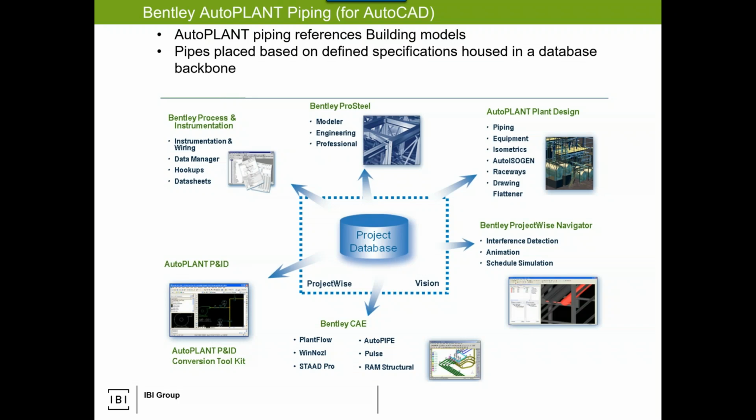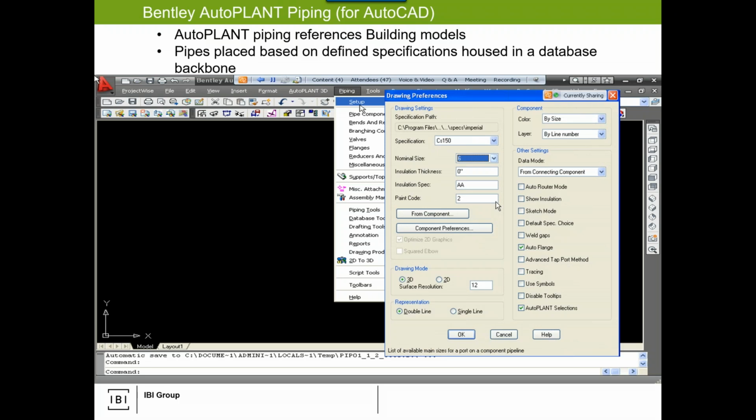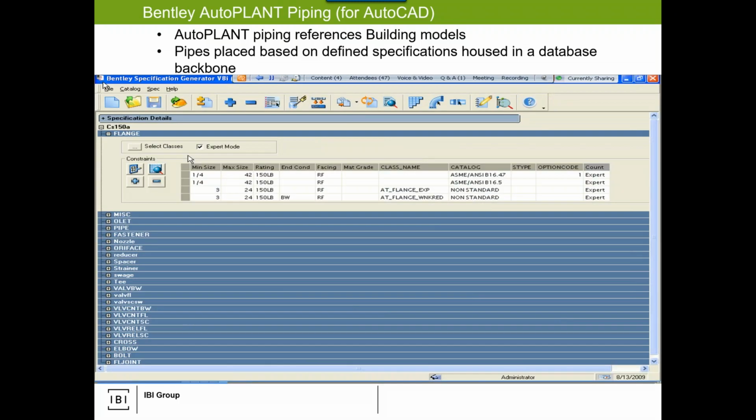All of a sudden, all these Autodesk customers were buying AutoCAD from Autodesk, and then this piping application from Bentley. And very similar, it interacts with a lot of the Bentley-based applications, but a similar concept. So here you see in AutoCAD, I'm able to call up some piping specifics, make my selections based on backbone specs.